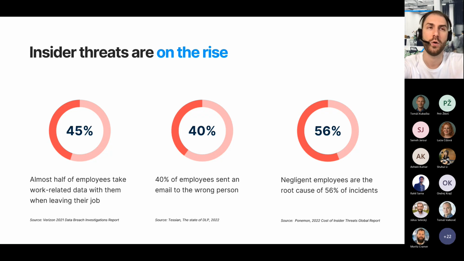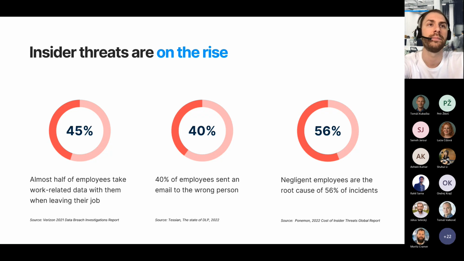According to recent studies, almost half of employees take work-related data with them when leaving their job, especially on the US market, where we are now coming to the era of the great resignation, where, if I remember correctly, almost 26% of employees are quitting their jobs, and more than half are considering a change. This is quite a big threat of employees leaking data or taking it outside the company to the new employer.